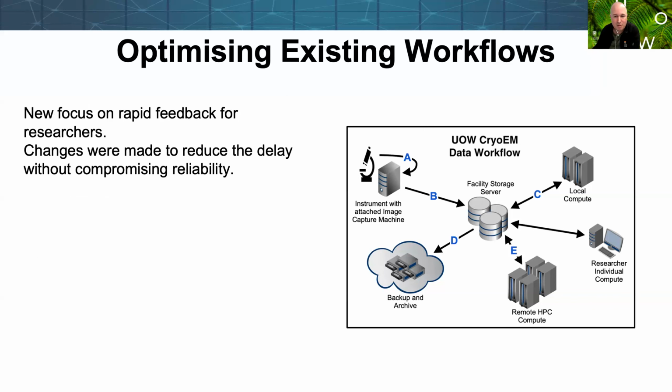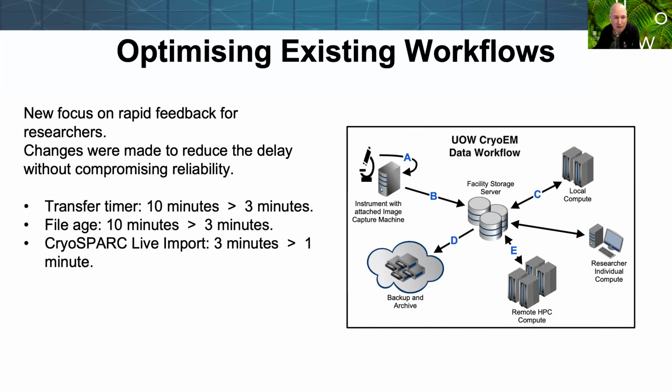The simplest step, the easy one that didn't cost anything, was just to look at what was already there and see if we could improve upon it. With a little bit of digging around, we worked out that that was actually going to be a relatively easy thing. It ran on a 10-minute timer, and it looked for files that were appearing on the image capture machine, and then anything that was over 10 minutes old, it moved across to the facility storage.